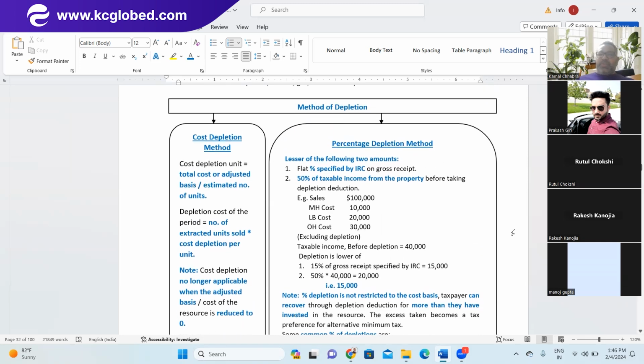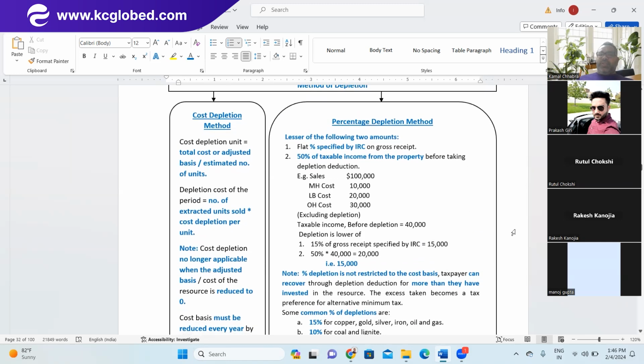Second is the percentage depletion method. As the name suggests, here you'll be estimating what percentage you'll be extracting, and accordingly you'll be charging the depletion. So the percentage depletion method is the lesser of the following two amounts. First, the flat percentage specified by the IRC on gross receipts.